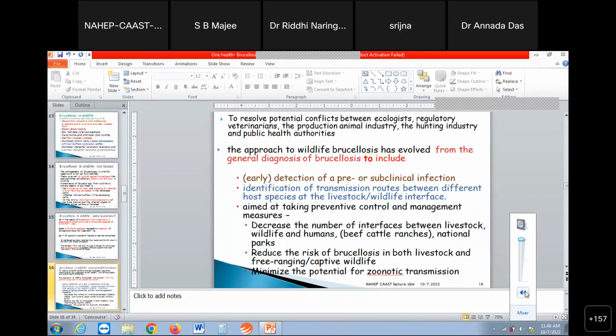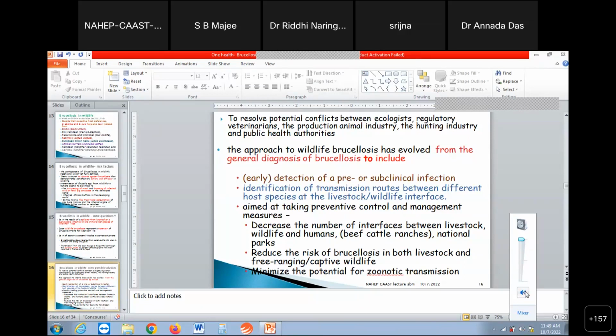And also there are human beings at that place because there are many settlements in that area. So all these create another niche, the seventh niche, which we should talk about. So what is the seventh niche? It is the livestock, wildlife and humans residing in one area near the national park. So this becomes another very important niche where the organism is again circulating.